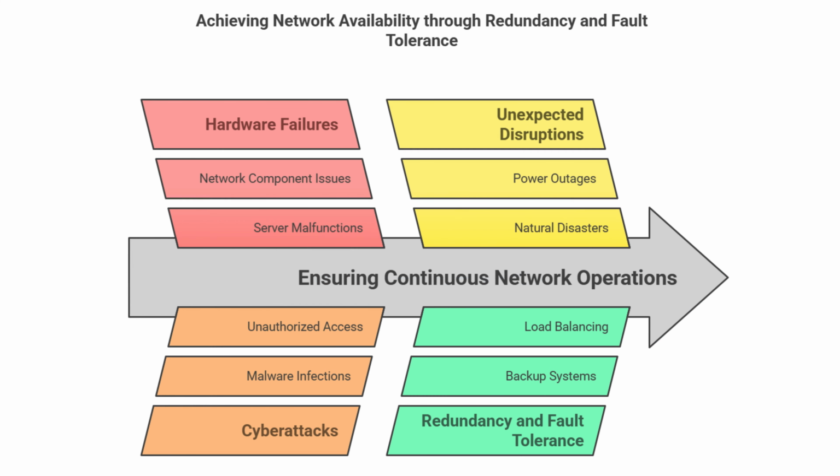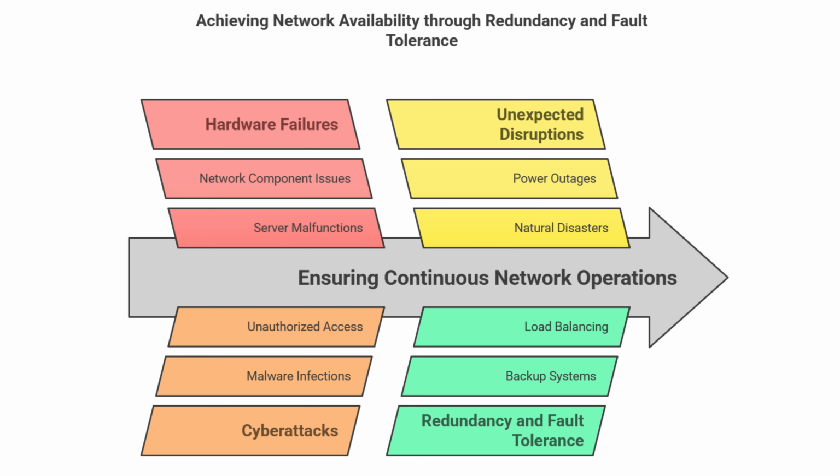Now, we will be discussing ensuring network availability, which is about redundancy and fault tolerance. Imagine a world where your network never goes down, your data is never lost, and your applications run 24/7 without interruption. Sounds great, right? Well, that's exactly what we try to achieve with network availability.